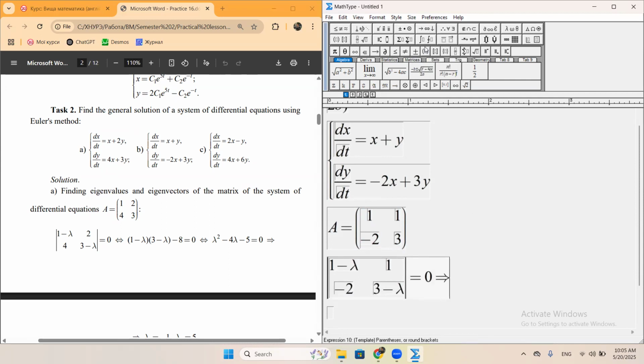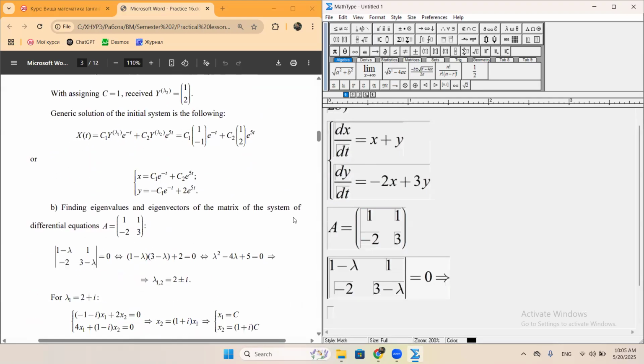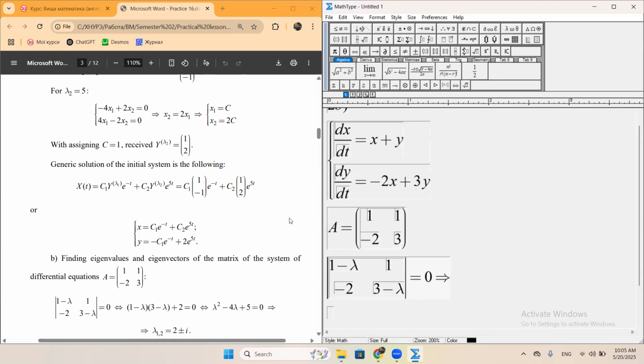I will skip the calculation of the determinant, and we will find that it is a pair of complex conjugate roots, 2 plus minus i.